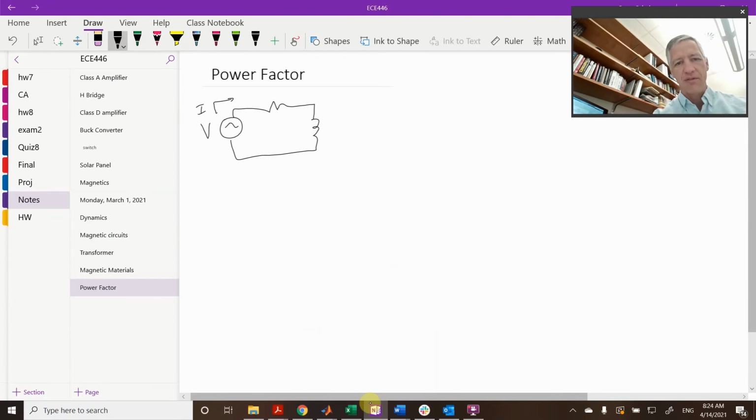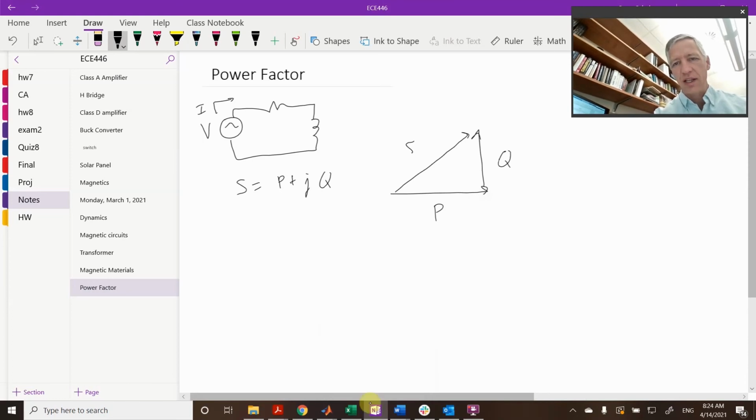Just to review what we had before, we have S is equal to P plus jQ, and we have this triangle right here, and this is P, this is Q, and this is S. And so if I look here, we see that P is going to be equal to I magnitude squared times R, and Q is going to be equal to I magnitude squared times X. And then the magnitude of S is going to be equal to I magnitude squared times Z magnitude.